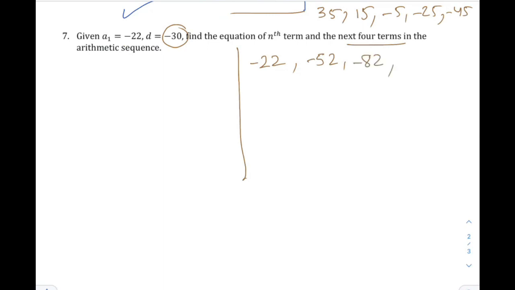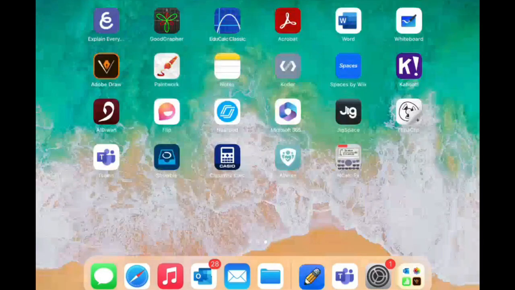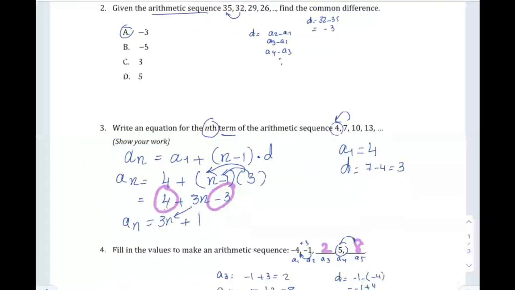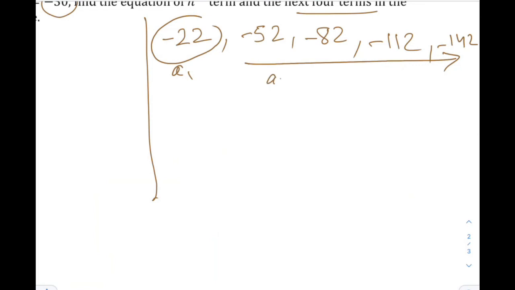Minus 82 minus 30 is minus 112. Minus 30, it will be minus 142. So this is a1, and this is a2, a3, a4, and a5. These are the next 4 terms that he is asking for.